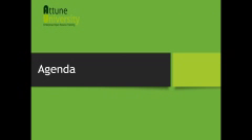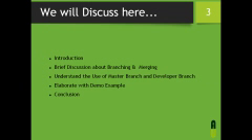The agenda we will discuss here: first, the introduction. Next, a brief description about branching and merging, like what is a branch, what is a merge, and how it works. Next, understand the use of master branch and develop branch.